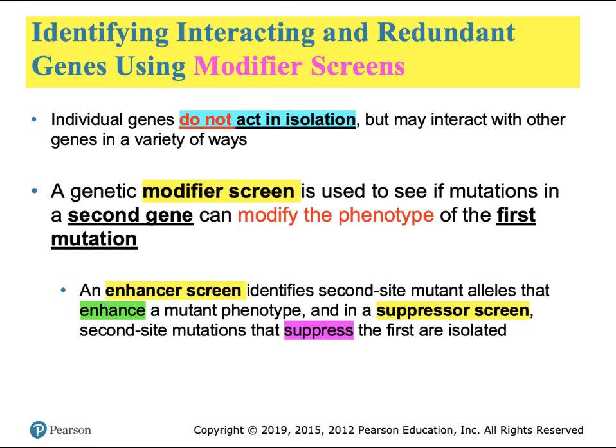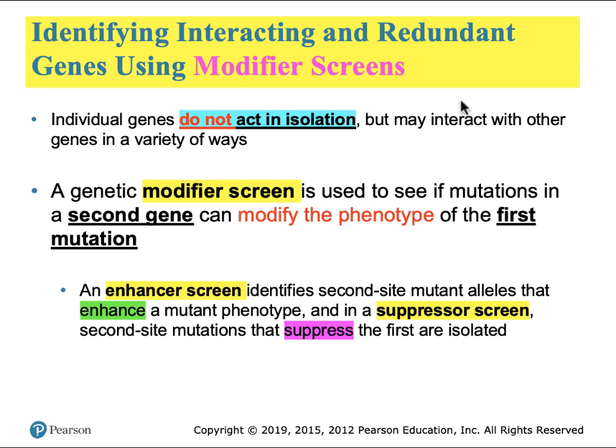The next section deals with modifier screens. What are we trying to answer? Well, we want to know if two genes are interacting with each other and therefore interfering in complex ways. In essence, we're looking at epistasis, or forms of epistasis, because a genetic modifier screen is simply used to see if mutations in the second gene will modify the phenotype of the effects of the first mutation in the first gene.